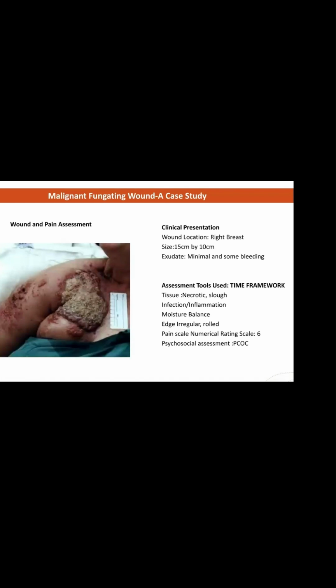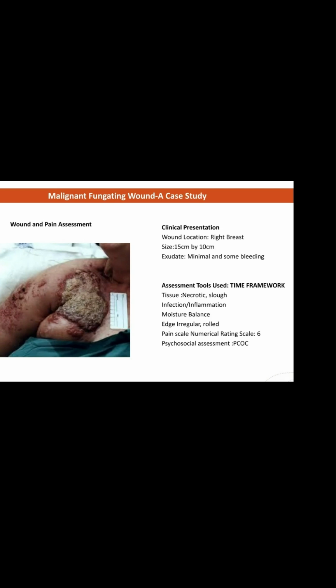The tissue is necrotic and sloughy. Infection and inflammation are present. Moisture is balanced. Wound edges are irregular, like a rolled bun. The patient is having pain; pain is 6 on the numerical rating scale. In psychosocial assessment, PCOC.